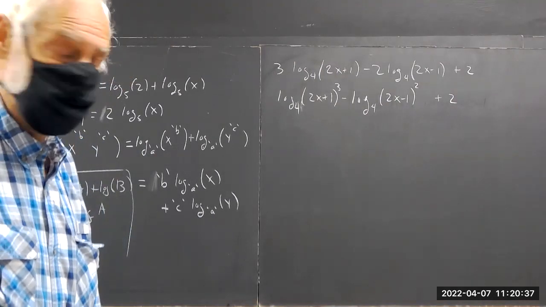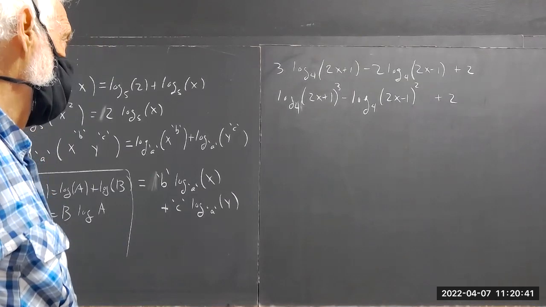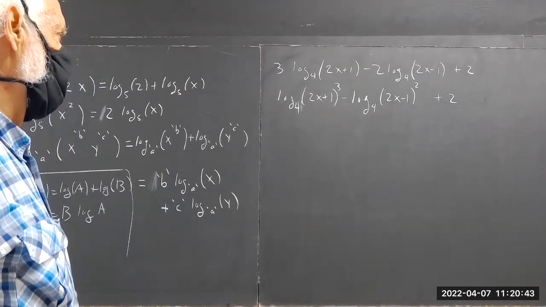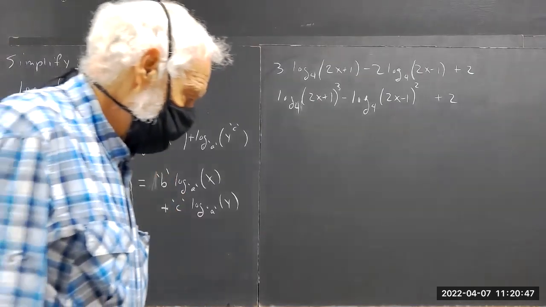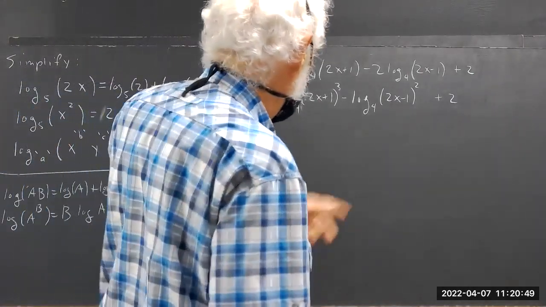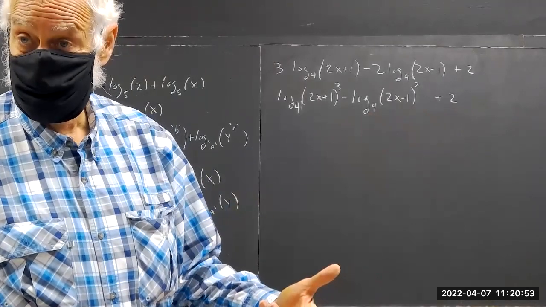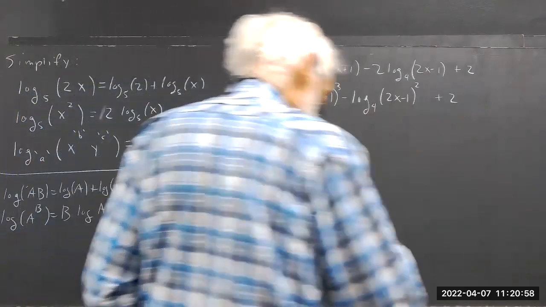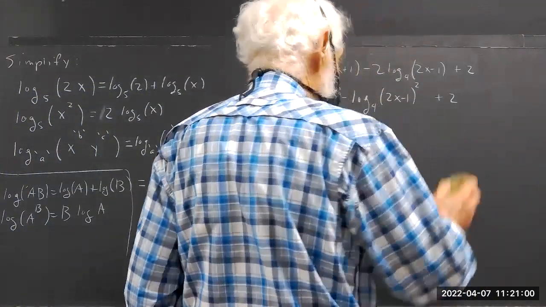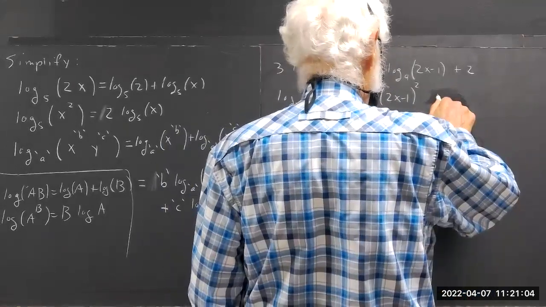Okay? Well, they're throwing a little bit of a curveball at you here, but you have to understand your intermediate algebra. How is 2 related to 4? 2 is the square root of 4, right? Okay. So 2 is a power of 4.